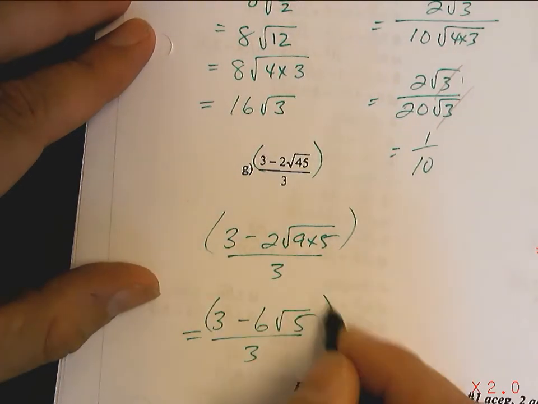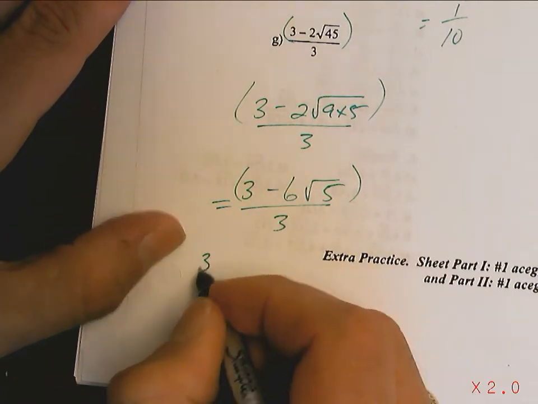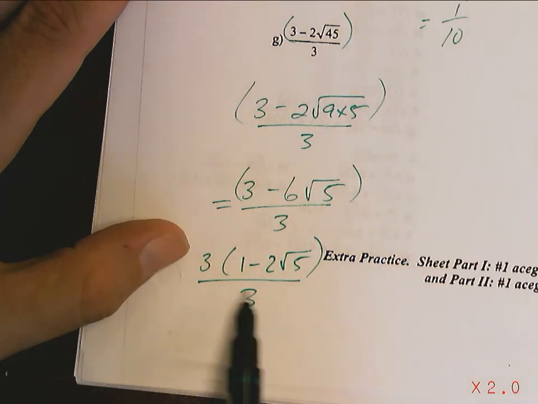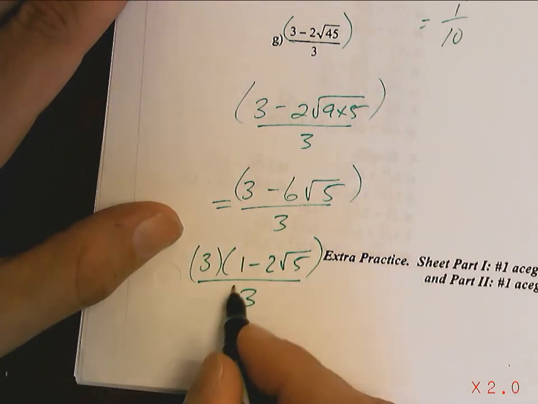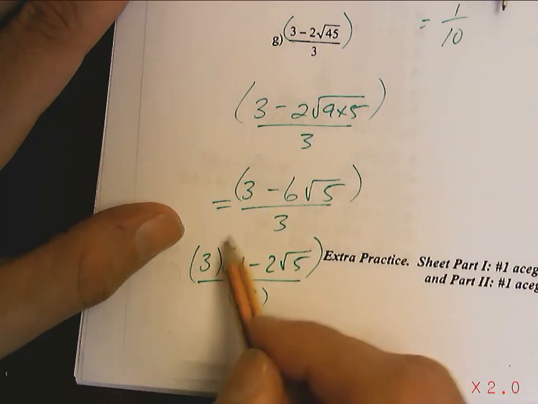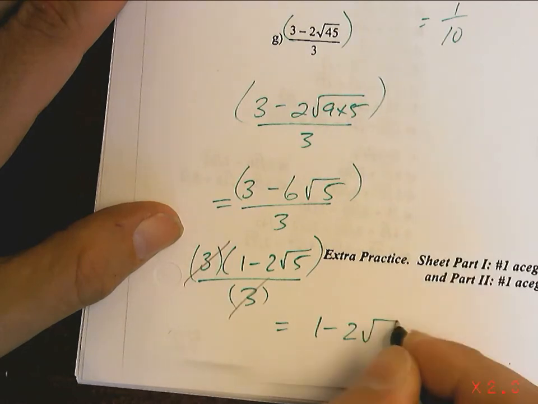Now, these can common factor. I'm going to common factor out a 3. And these guys can fruit ninja, because it's this times this divided by this. Hi-ya, hi-ya. And it leaves us with 1 minus 2 root 5.